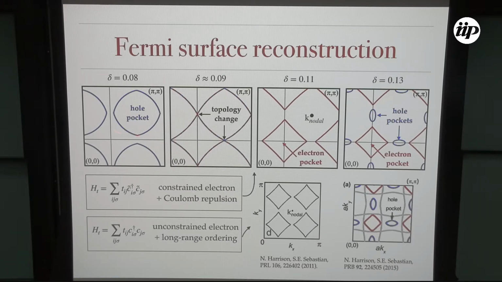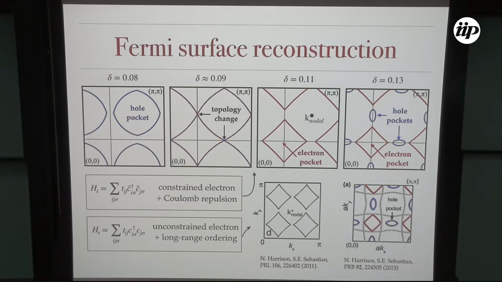So there is a hole pocket and its translation. But as we increase the doping level, the Fermi surface undergoes a topological transition. The Fermi surface becomes electron-like, more than hole-like, and it occurs at about 9%.